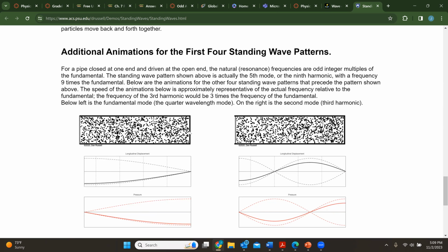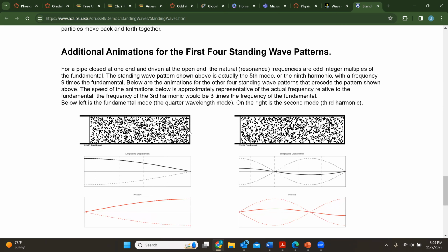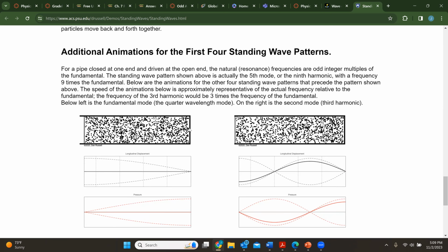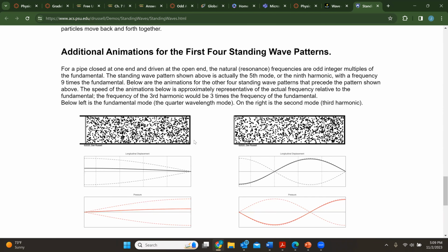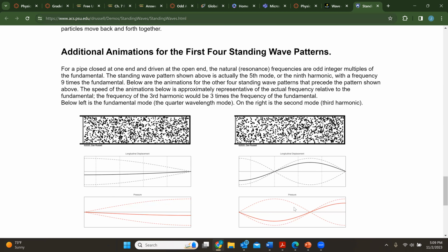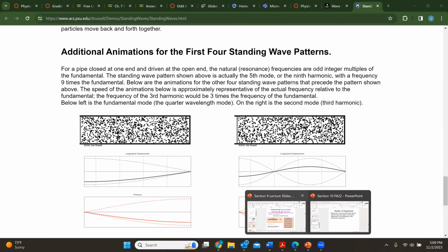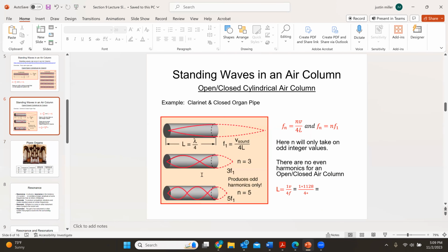At the closed end, the air molecules can't move back and forth because there's a cap there. There's something restricting them. So we would have to have a node there. So anyways, that's what standing waves in air columns sort of look like. And just wanted to get an idea of what that looks like. And note that we've just got different harmonics that can be produced within an air column itself.